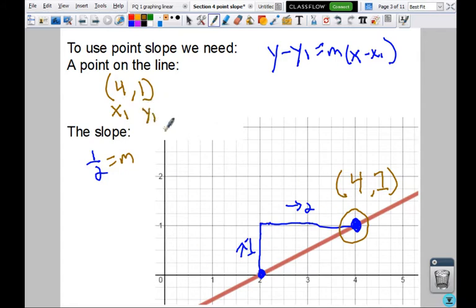So what I'm going to do is replace my x1 and y1 with numbers and my m with my fraction here. So the equation of this line is y minus 1 equals my m, which is 1/2, and then I have x minus x1, which is 4. And that is my final equation.